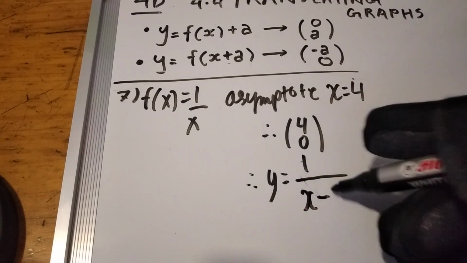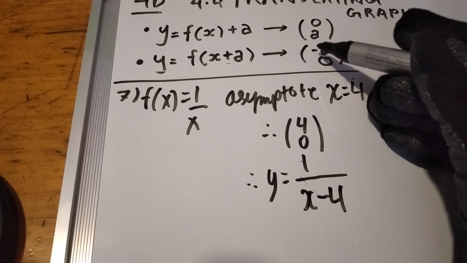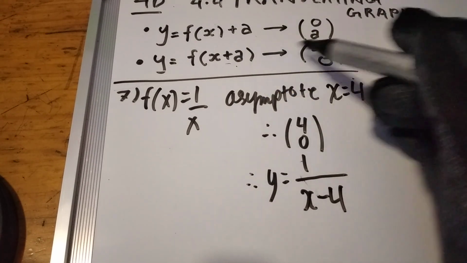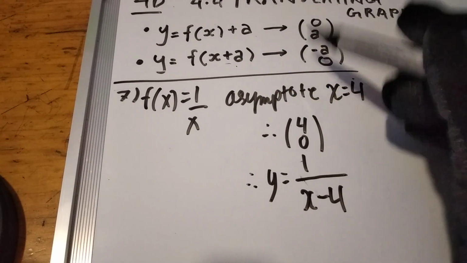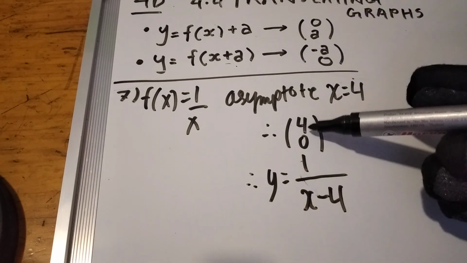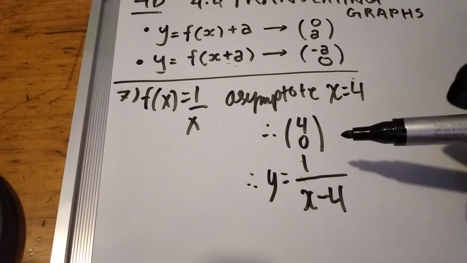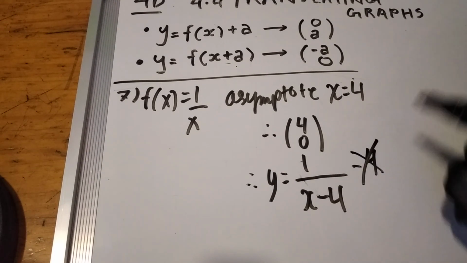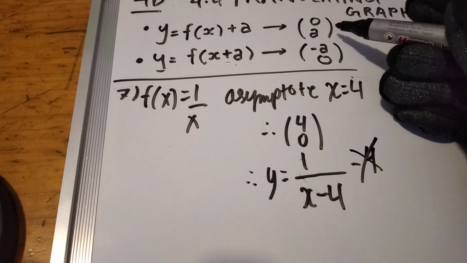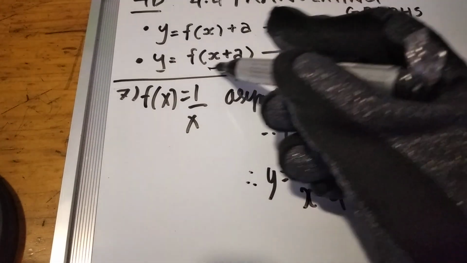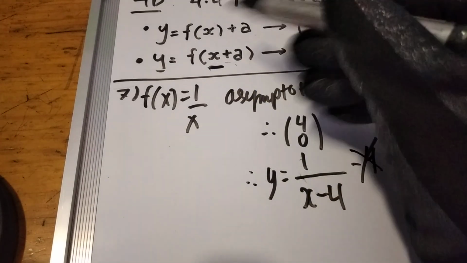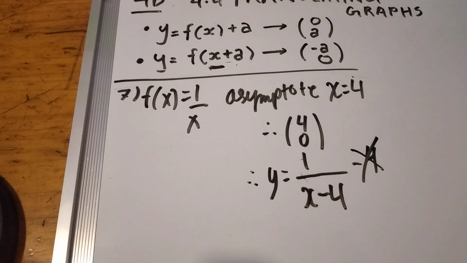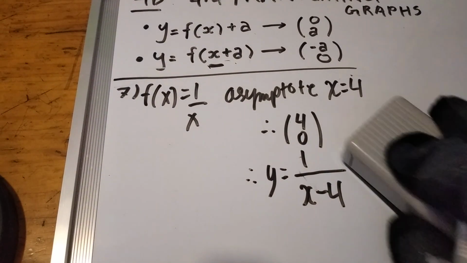This time it will be -4, as we know that the a value has the opposite sign, right? So if this is 4, this will be -4, and it will not be outside, because it's not in the format of number 1. It's with x, not outside. So it will be with x, right? That makes sense.